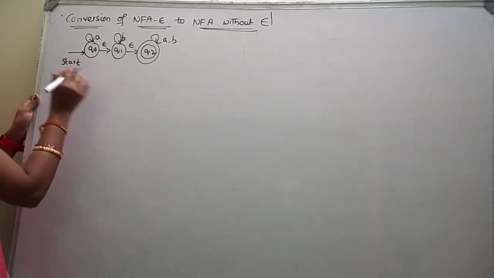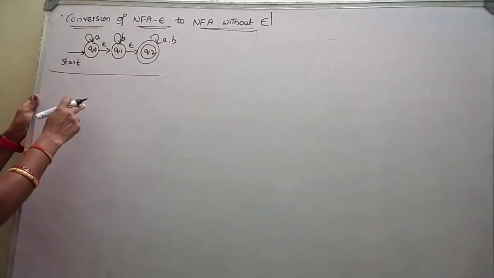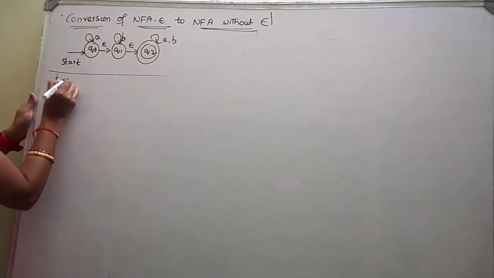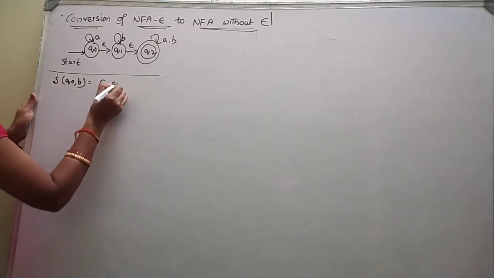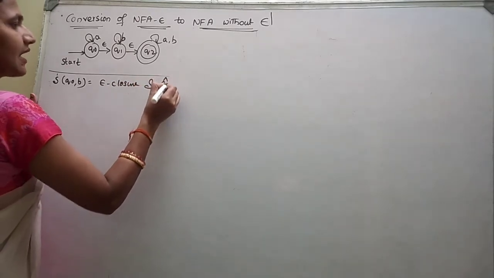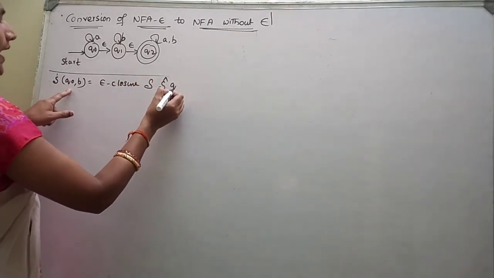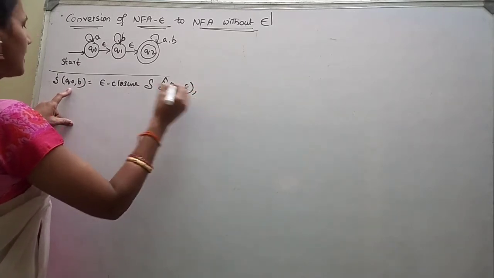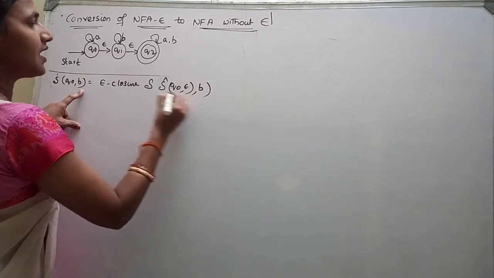Now we need to compute delta dash of the same state by getting another input symbol, that is delta dash of Q naught comma B. This can be written as epsilon closure of delta cap of Q naught comma epsilon comma input symbol. What is the input symbol here?